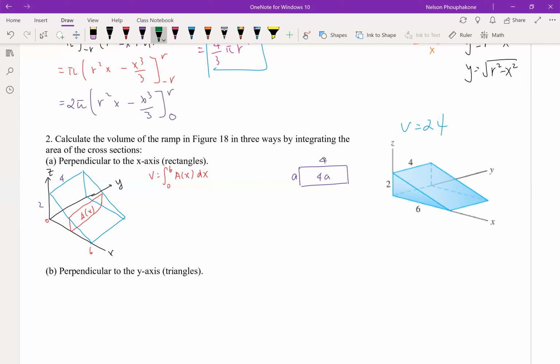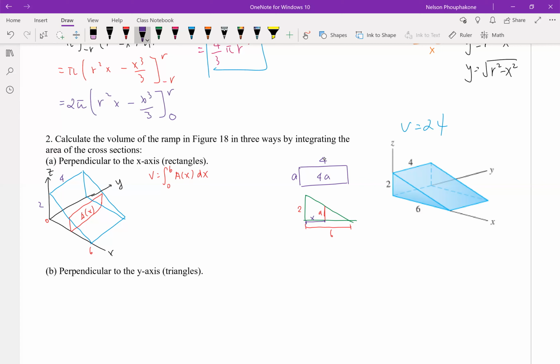Now let us look at this. Here is my a, and I know that this is 2 right here, and this is 6 right here. And then remember, x is right here.